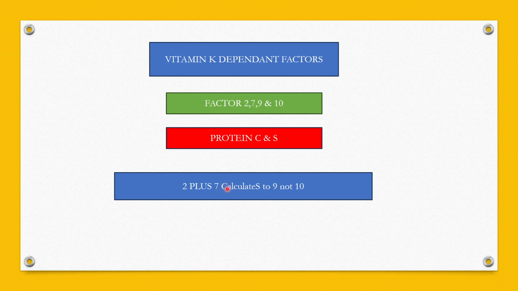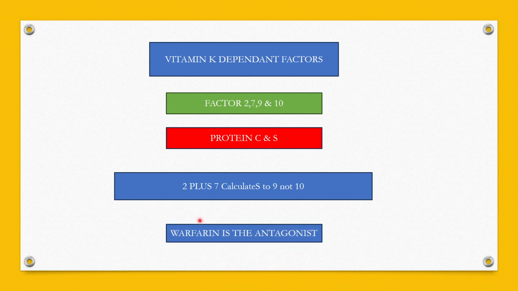This C is for protein C, and this S is for protein S. 9 for this and 10 for this. This is how you can remember it. The production of these factors is inhibited by warfarin. So warfarin is the drug which inhibits the production of vitamin K dependent factors.